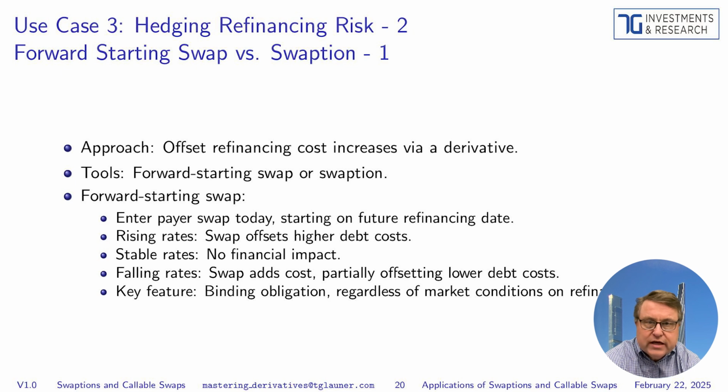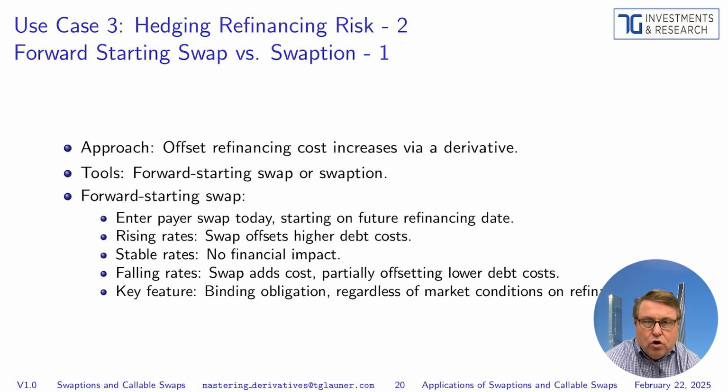This structure provides a hedge against interest rate movements leading up to that date. If interest rates rise, the swap generates gains that help offset the higher cost of debt refinancing. If rates remain stable, the swap has no financial impact.